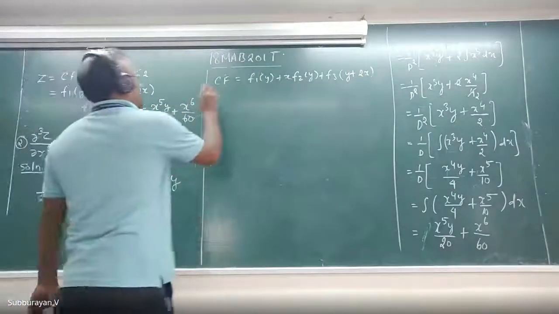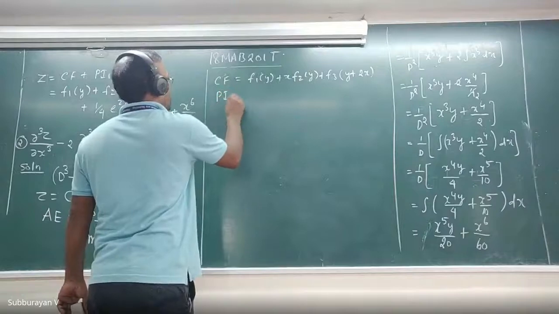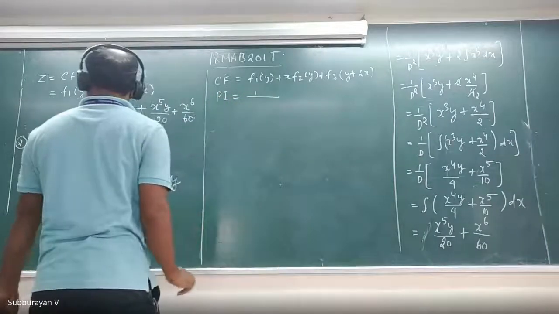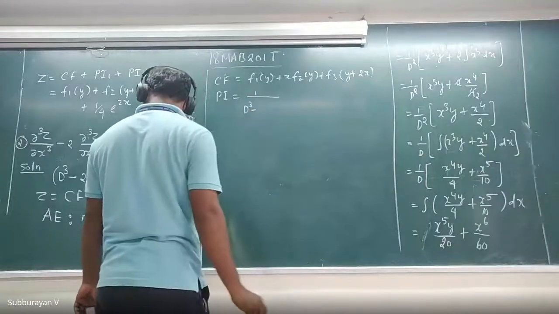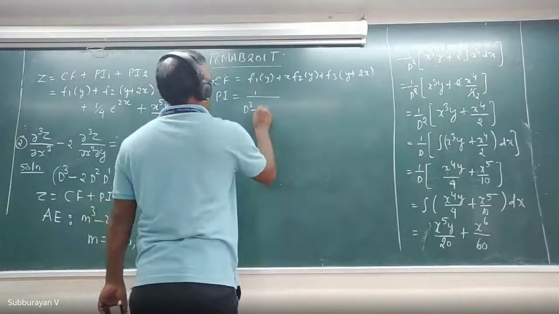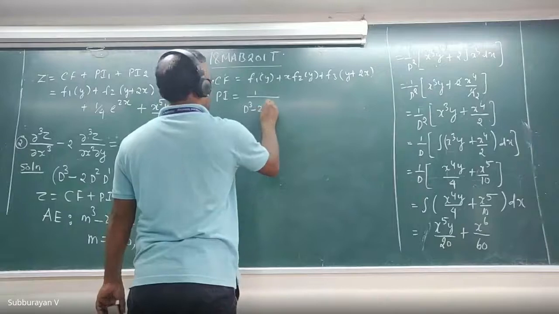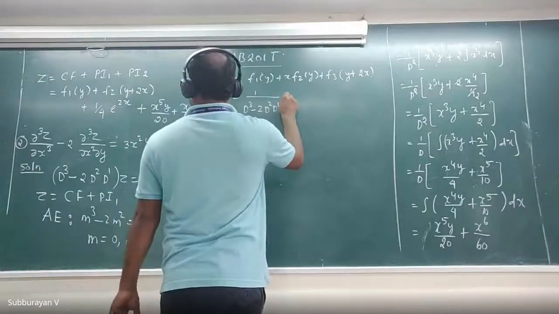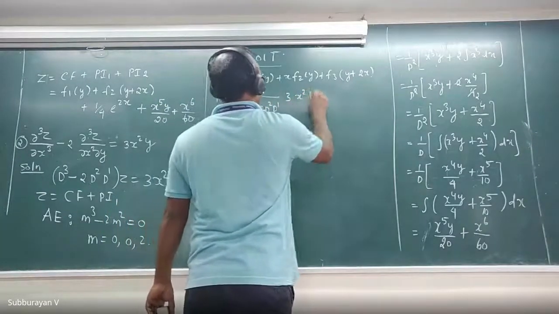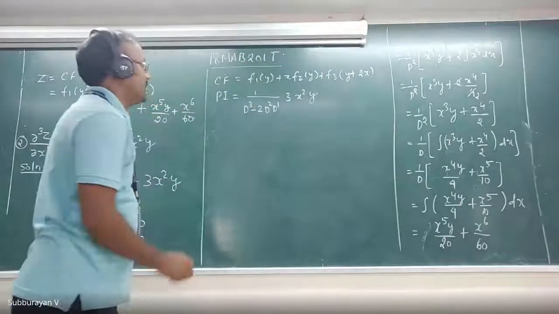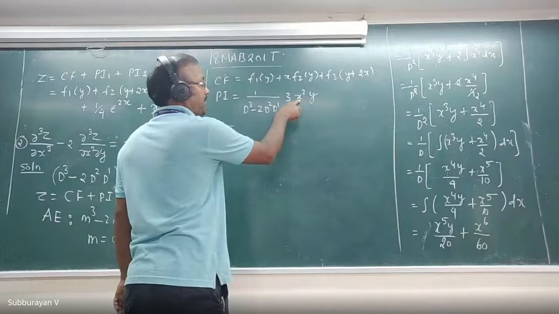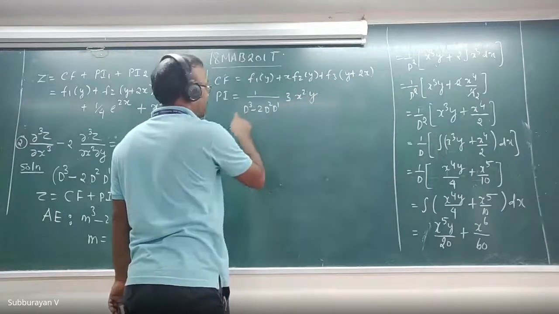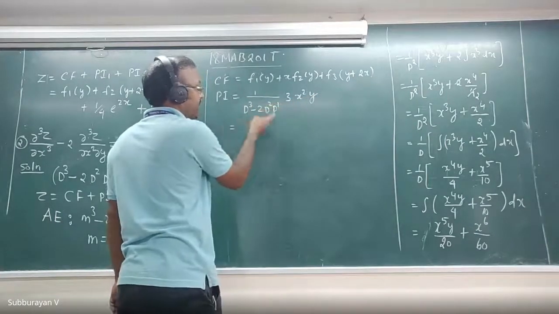Okay, fine. Now the particular integral, PI, is 1 divided by (D³ − 2D²D′) into 3x²y. Look at this: the power of x is higher than the power of y, so you choose the highest power of D outside.